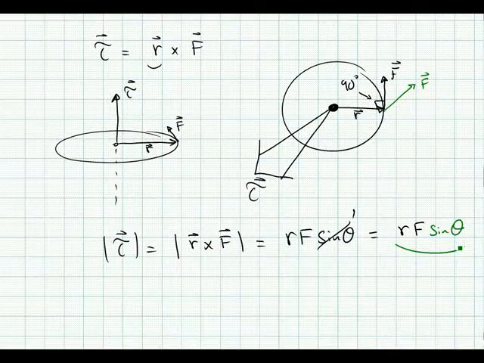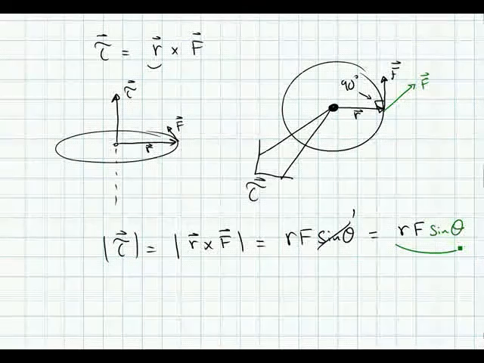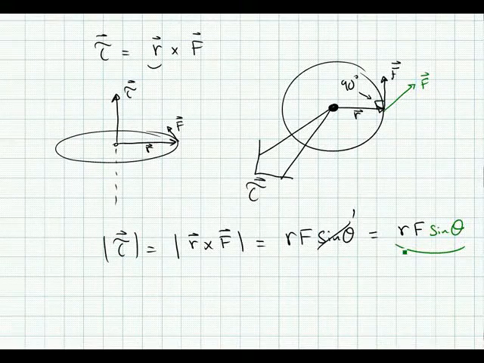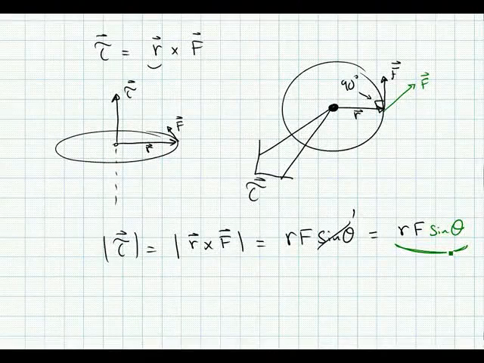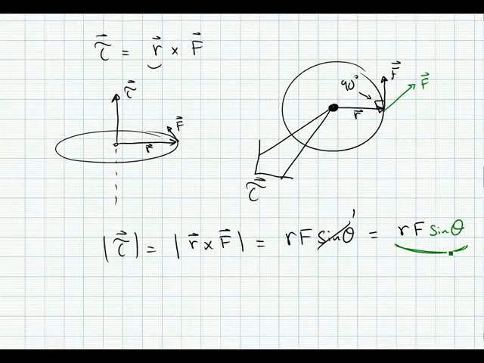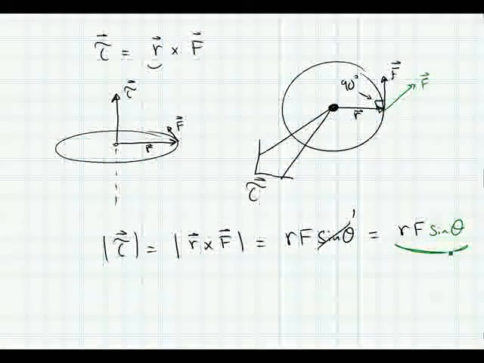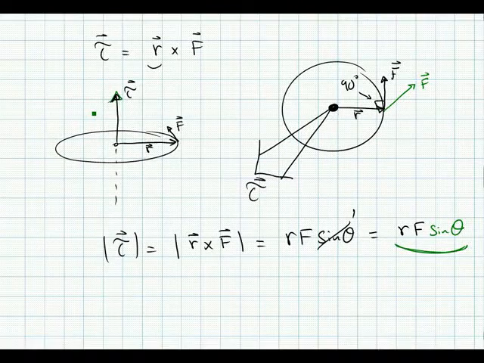But the earlier definition of torque that I shared with you, given by rF sine theta, only dealt with the magnitude of torque. To figure out the direction of torque, in this case we see that it is out along the z direction.